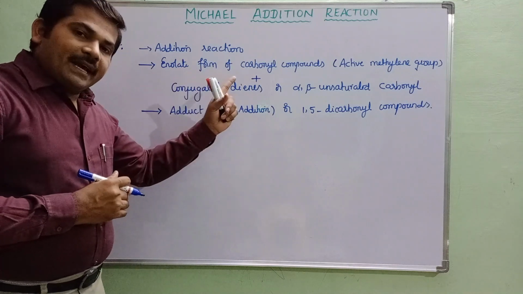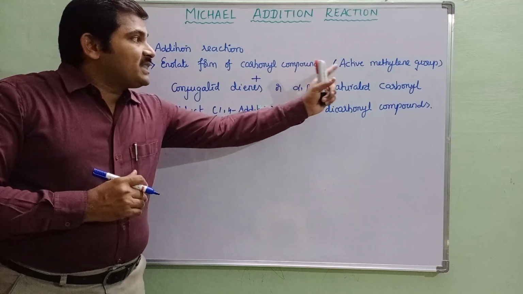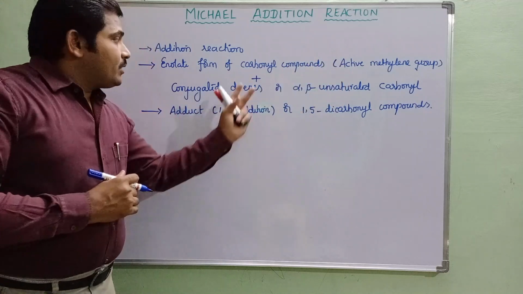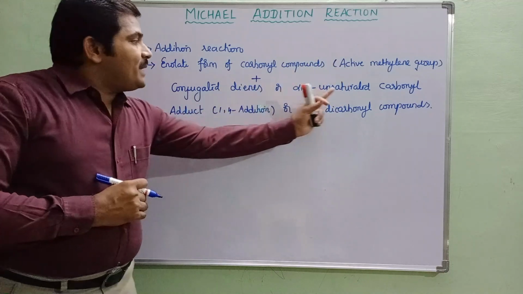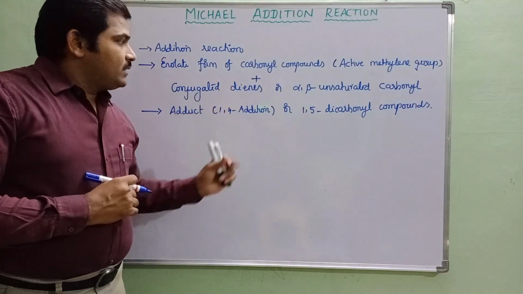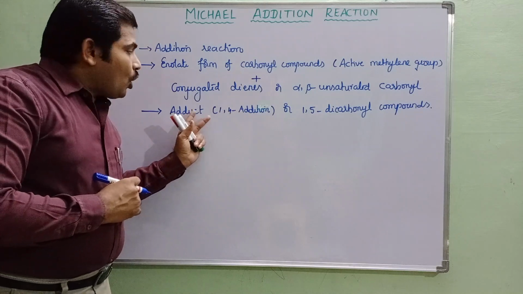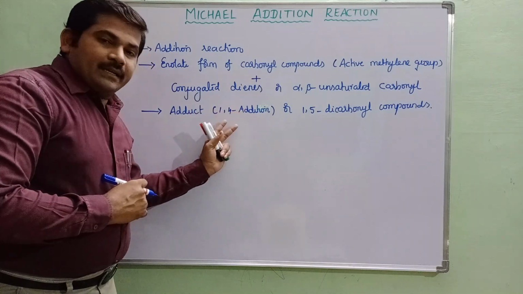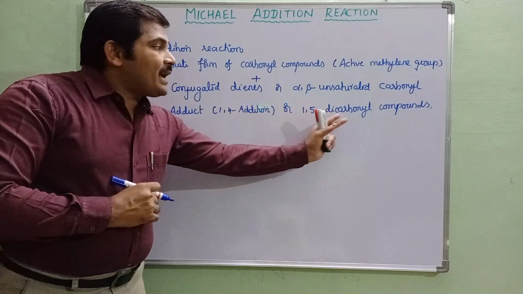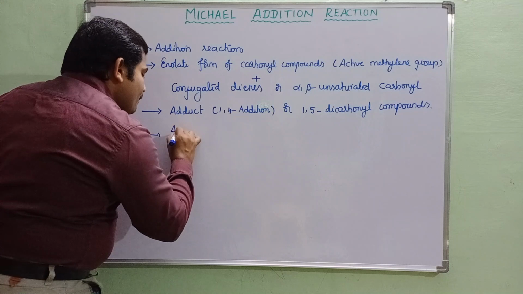It is an addition reaction in which enolate form of carbonyl compounds or active methylene group containing compounds react with alpha beta unsaturated carbonyl compounds or conjugated diene systems to yield an adduct, or 1,4 addition product, also called 1,5 dicarbonyl compounds, in presence of base.